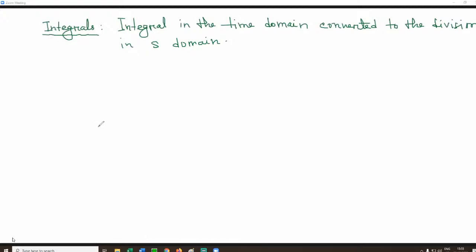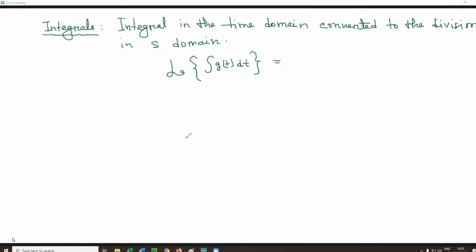Let me give you an example. Suppose you want to find the Laplace transformation of the integration of g(t) dt. How can you find that?